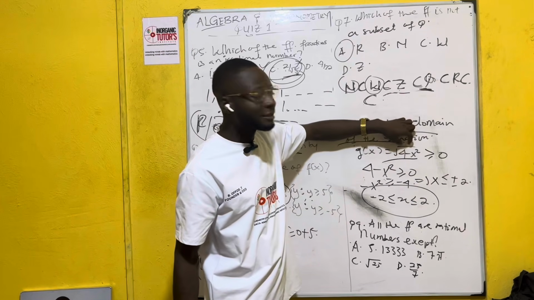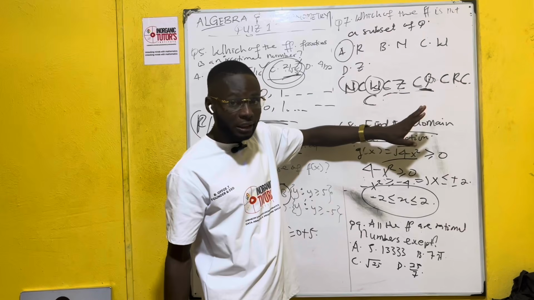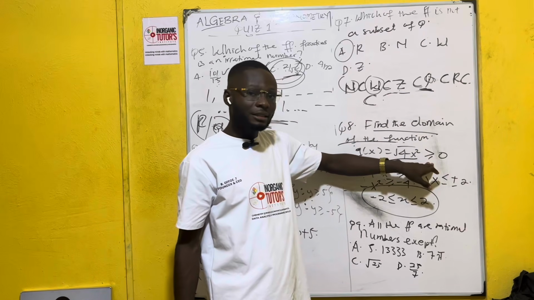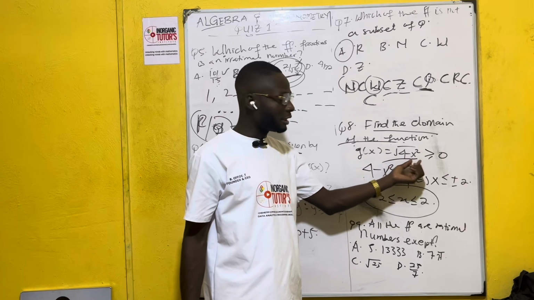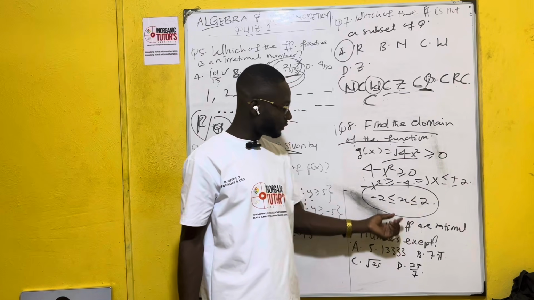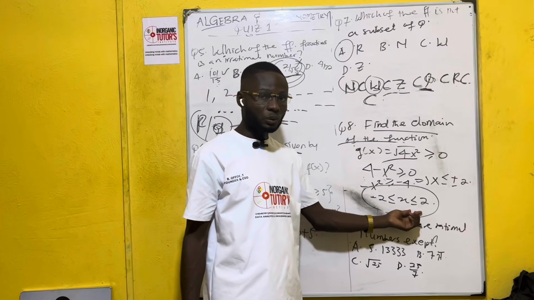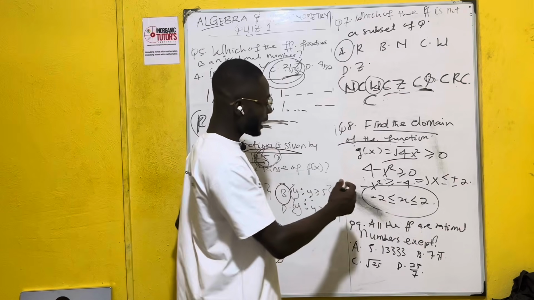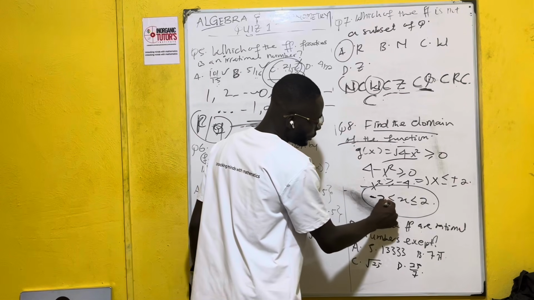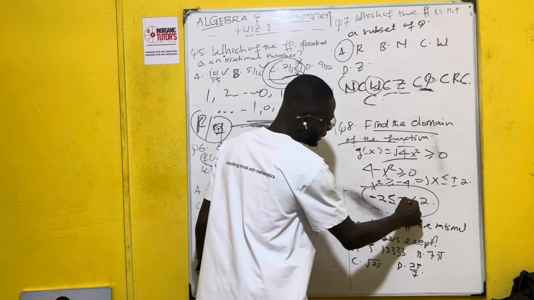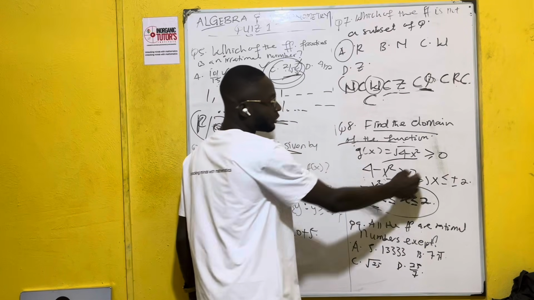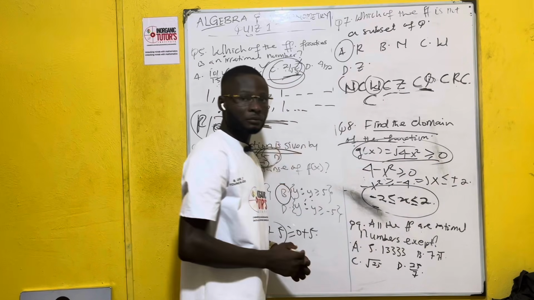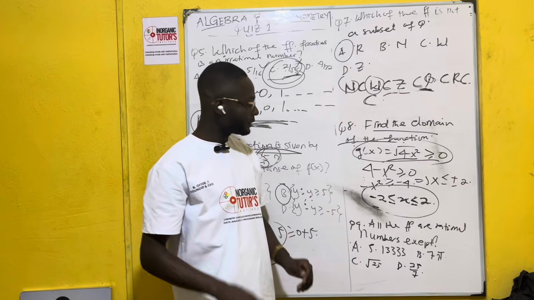If the argument is under a square root only, then you equate the argument under the square root sign to greater than or equal to 0. And then the result is what you have here. So the answer is -2 less than or equal to x less than or equal to +2. So that is the domain of this particular function. That is very simple, right?